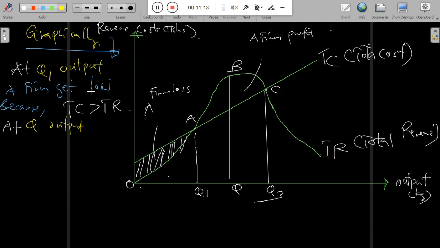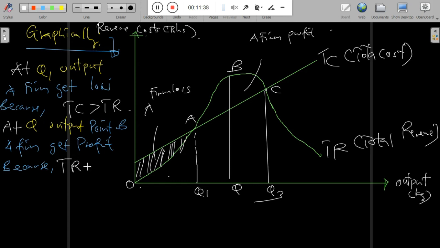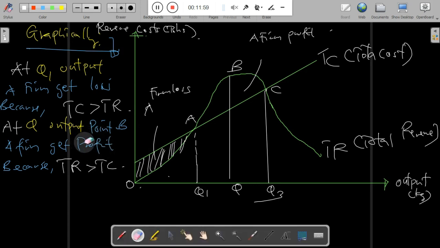Remember, the point where the output is Q1 is where firms get a loss. Why do firms get a loss? Because the total cost is greater than the total revenue. So we observe that point A represents a loss at quantity Q1 because the total cost line is above the total revenue.